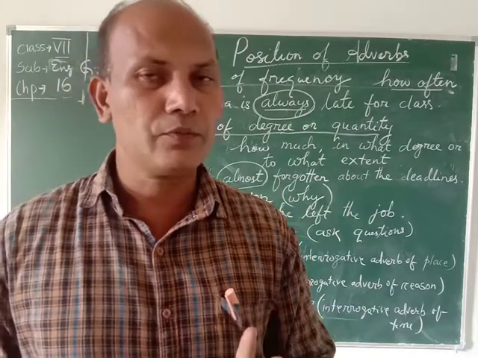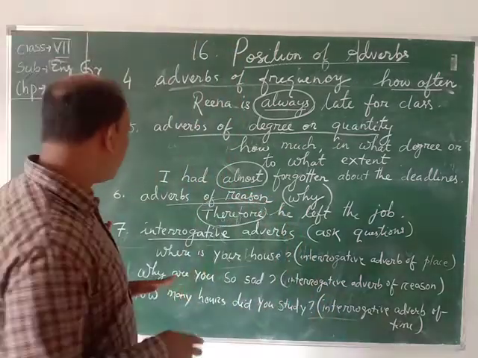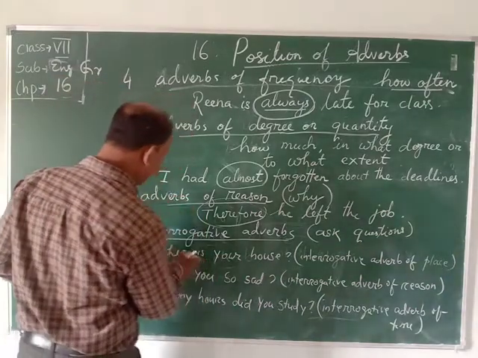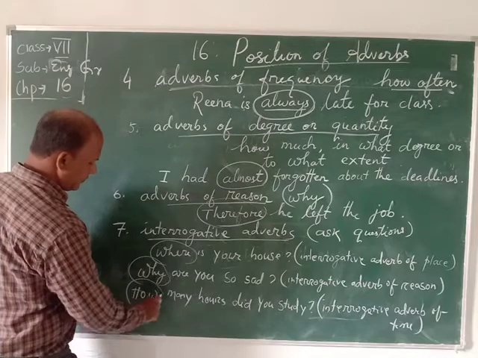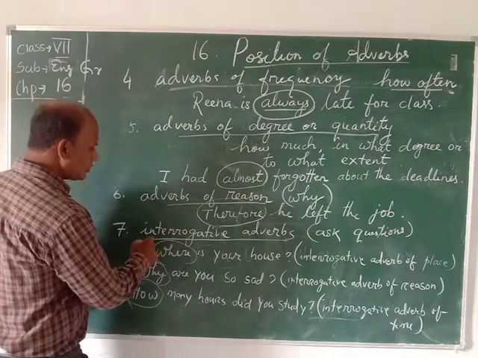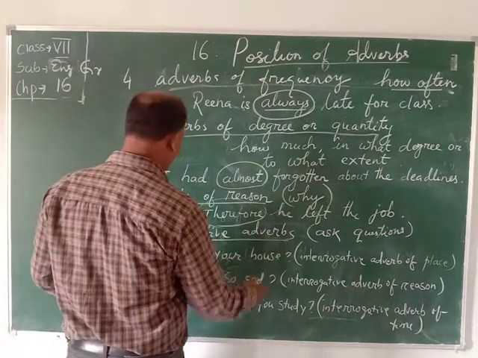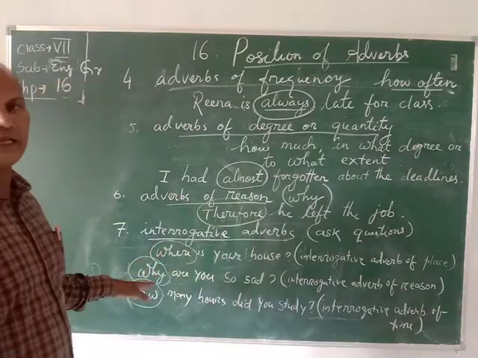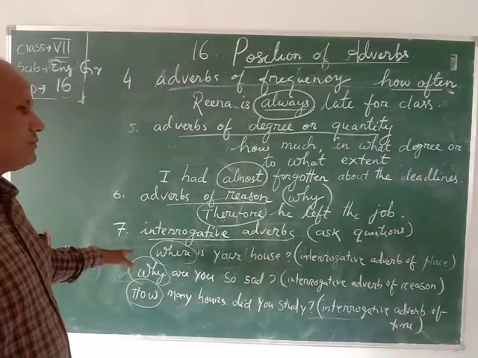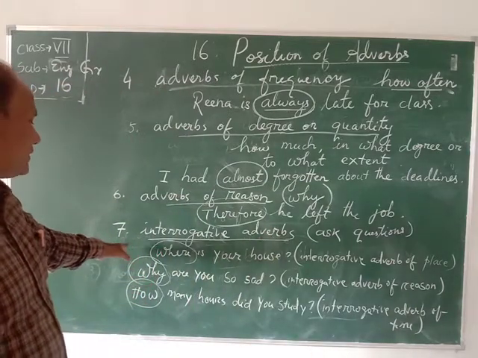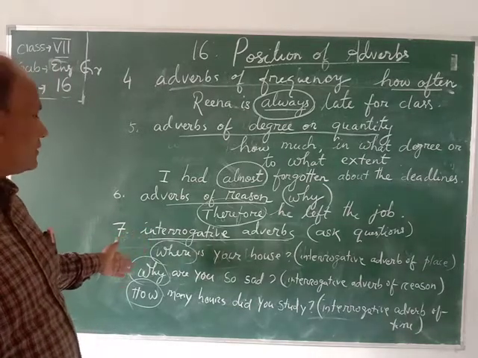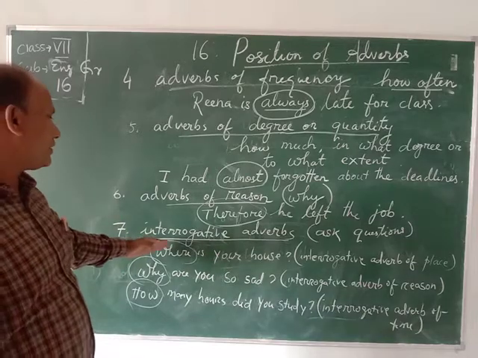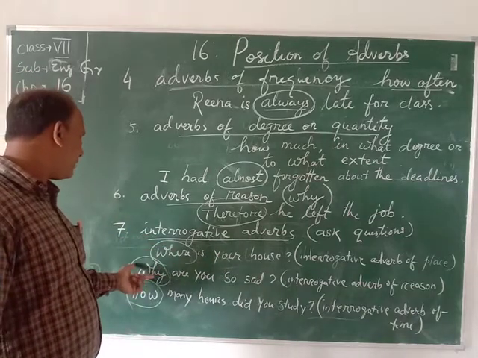Yes, what type of question? You can imagine here 3 types of question: where, why, and how. These types of questions are interrogative adverbs. What and who are nouns, and another one is an adjective. But here interrogative adverbs are where, why, and how.